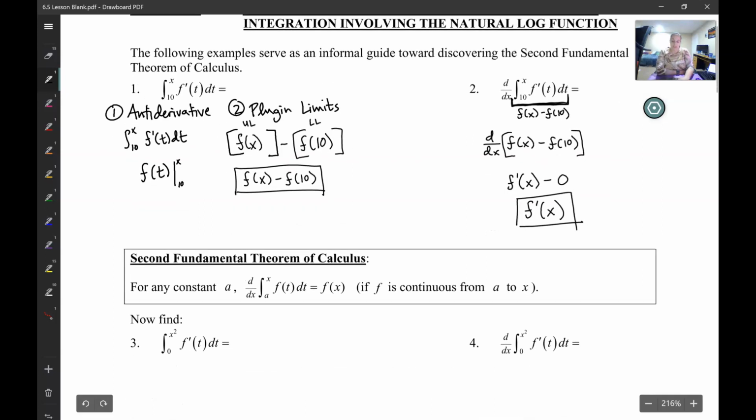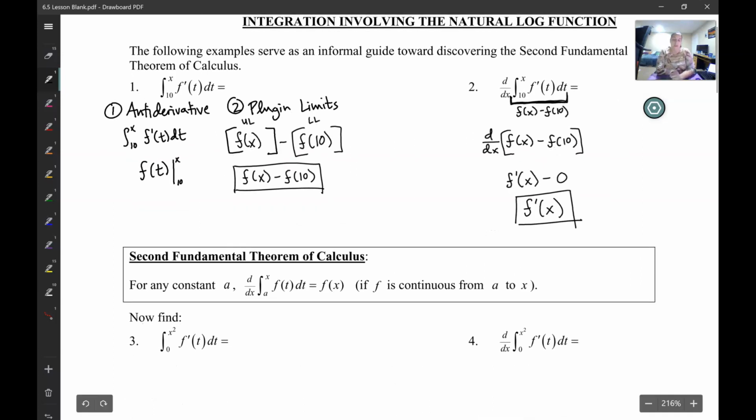So this takes us to this first part of the second fundamental theorem of calculus. This is just like part 1. For any constant a, if I take the derivative from a number to x, then it's going to equal my original function.